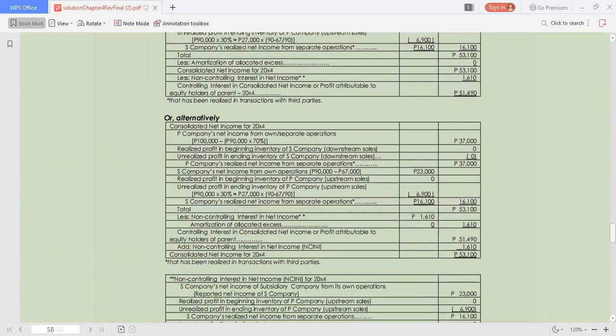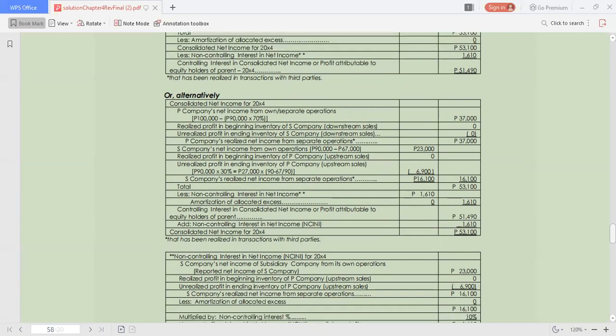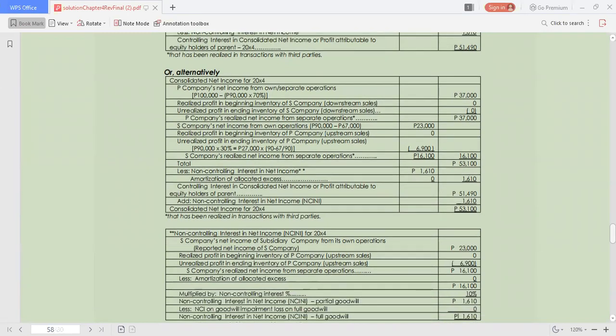Okay, now the amount of 1,610, that's computed as S company's net income of 23,000. Then we deduct the unrealized profit of 6,900. We have the difference of 16,100. So 16,100 multiplied by 10%.